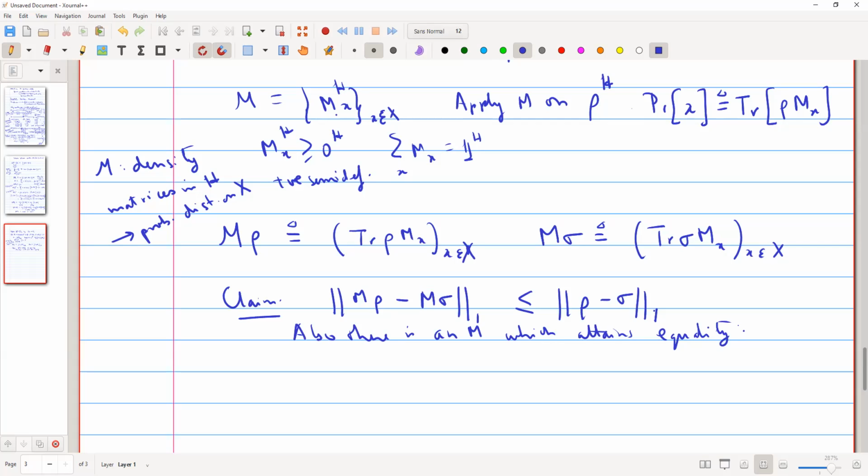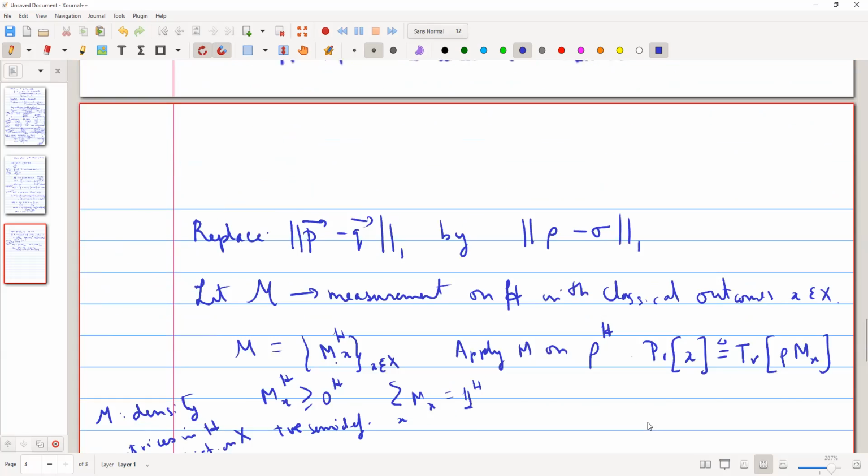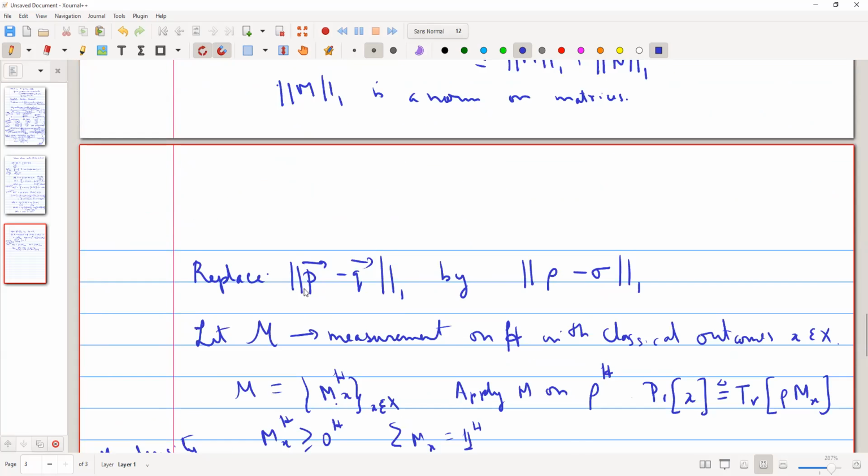So actually what I'll show is that this measurement is a special type of quantum operation, right? In a quantum operation, you attach an ancilla initialized to 0, do a unitary on the joint system, and then you trace something out. So I would like to show that quantum operations in general cannot increase the trace distance. Okay. So first of all, coming back here, if I think of these probability distributions as density matrices, they become diagonal density matrices.